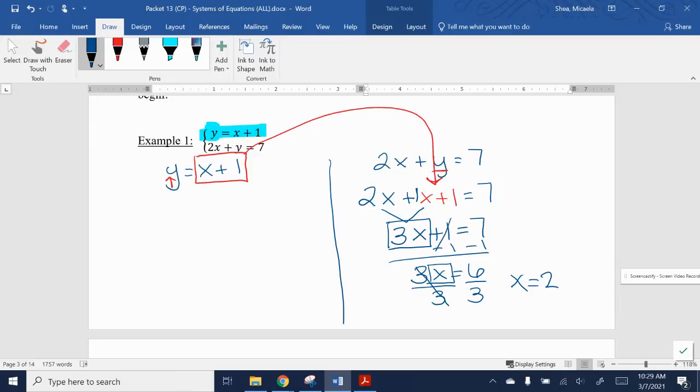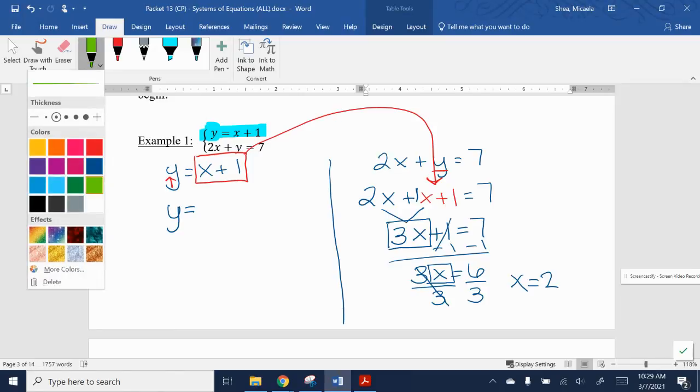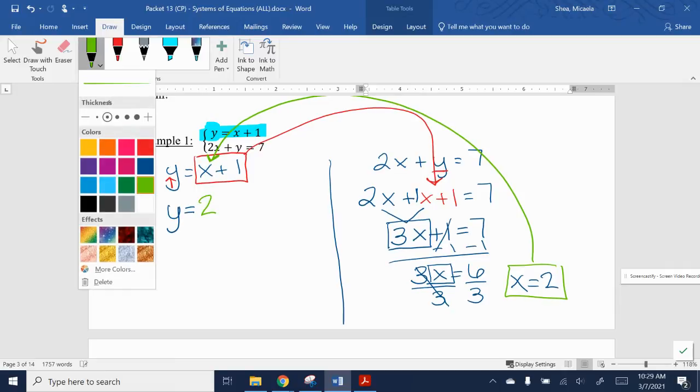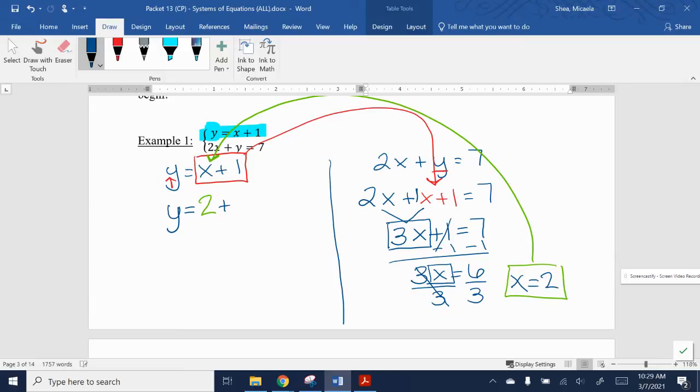Now that I know that x equals 2, I can come back to my original equation, y equals x plus 1, and I'm going to substitute in for our x. So I'm going to take this x equals 2 and substitute it in for this x right here. So instead of x, I have 2 and then plus 1.